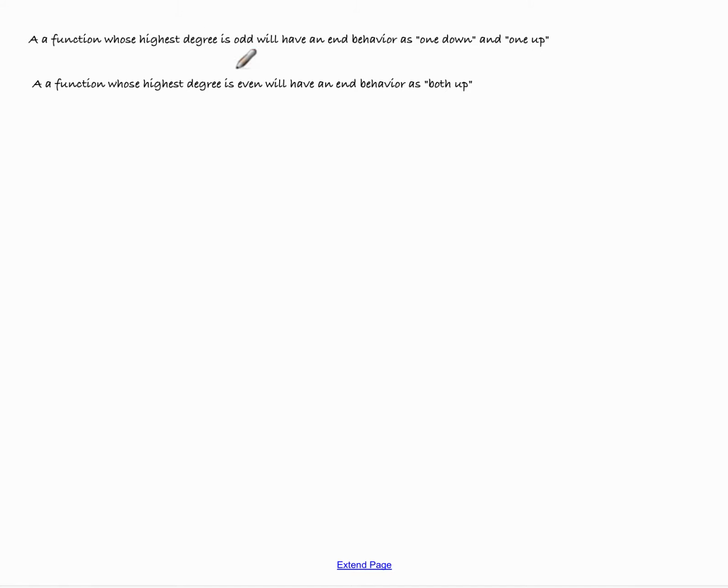So all you're learning today is a function whose highest degree is odd will have end behavior as one up, one down. Even will have both up, or I should add on here, both down if the leading coefficient is negative. So x to an odd will look like this.